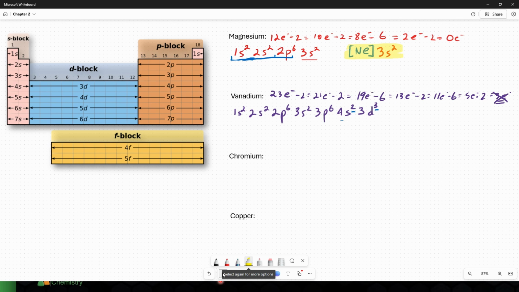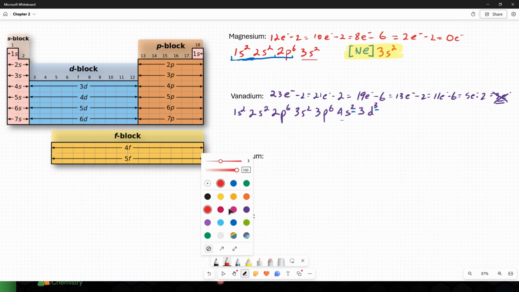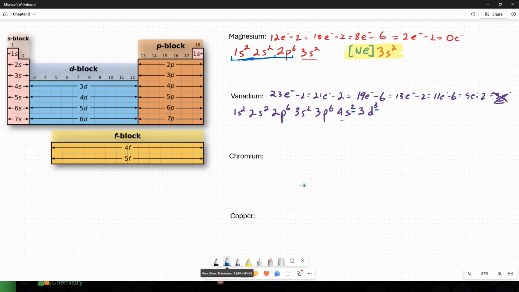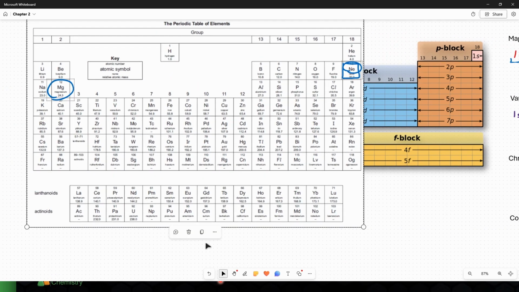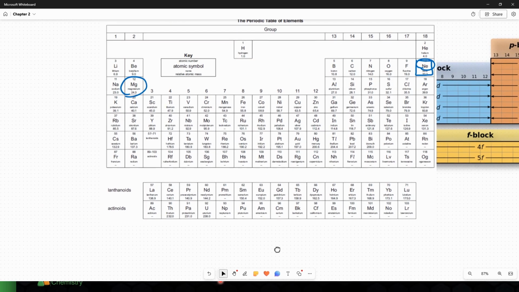If we do the same thing for vanadium, again, we're going to go back, and with blue, I'm working on vanadium now. So we're going to go find vanadium on the periodic table.